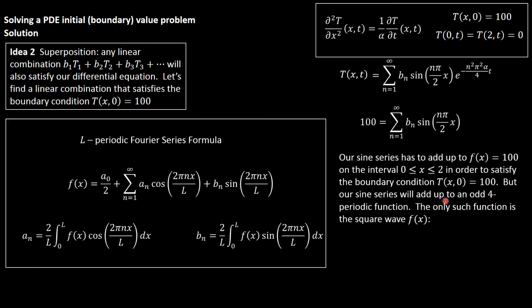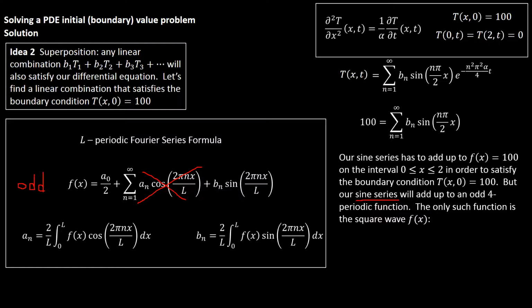But this sine series will add up to an odd 4-periodic function. If you have a series just with sines, so if you don't have any cosine terms, then the function you end up with is automatically going to be odd.